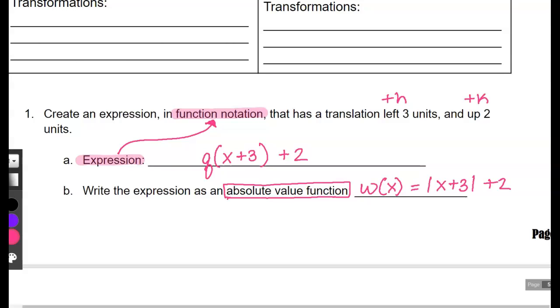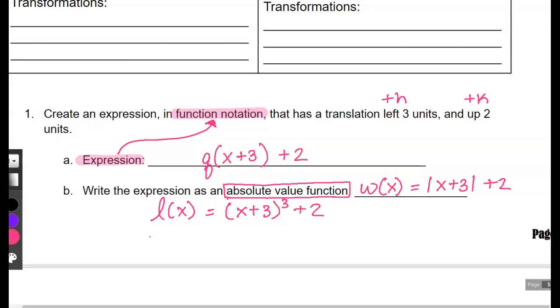So notice, I'm just going to show you, I could have written my expression with any of our functions that we've learned. See, I keep asking you for letters because for some reason I can't think of any. L of x. And I'm going to now write this as, I don't know, a cubic. So this is going to be L of x equals x plus 3 in parentheses cubed plus 2.